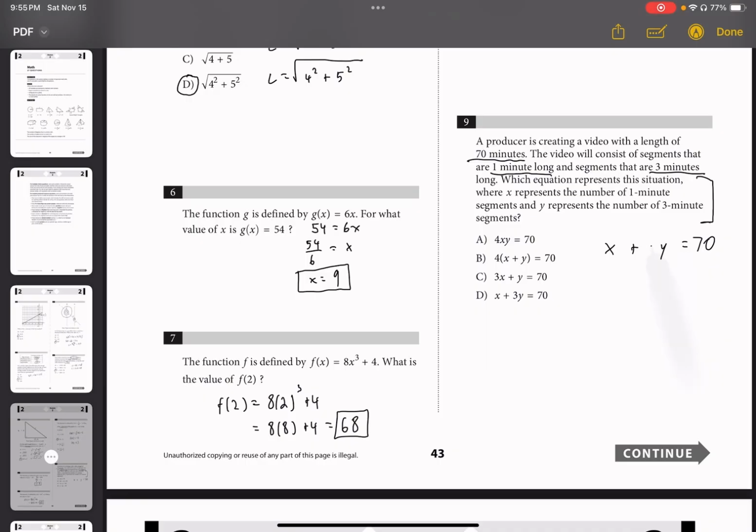So we have to correct this equation by adding 3 in front of this, because this is the minutes per every 3 minute segment. And then we can also add a 1 here, but it's really the same if we keep it like it is. So this is going to be your equation. Looking at our answer choices, that is answer D.